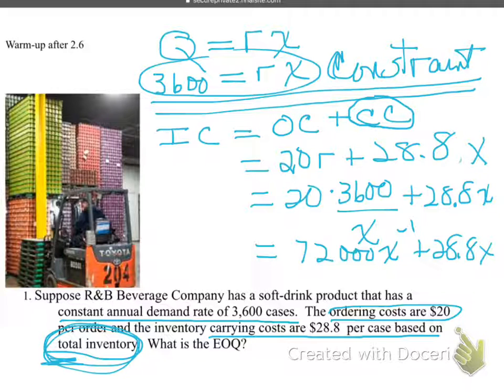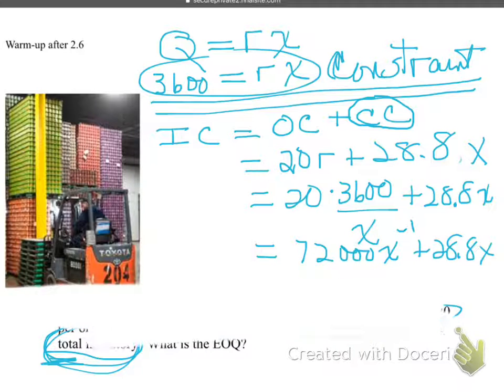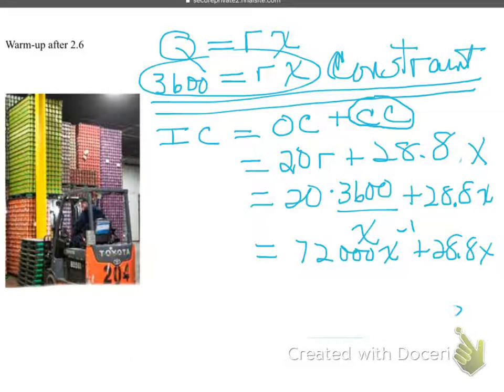They want to know what the EOQ is, economic order quantity. That's both the R and the X. So I need to figure out where the inventory costs are going to be the lowest.